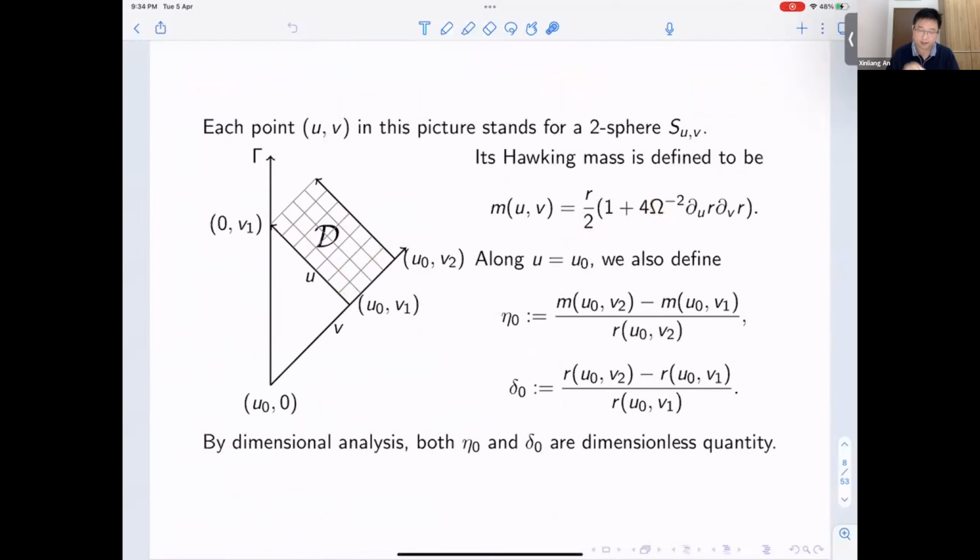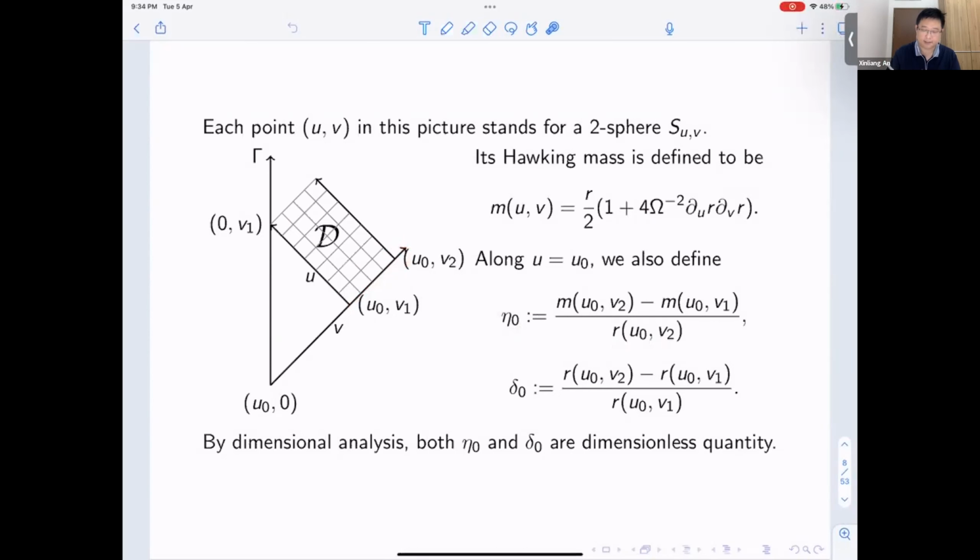For the initial data here we prescribe two dimensionless quantities, and they are very useful to consider the dynamics. One is eta_0, defined to be the difference of the Hawking mass divided by the radius here.